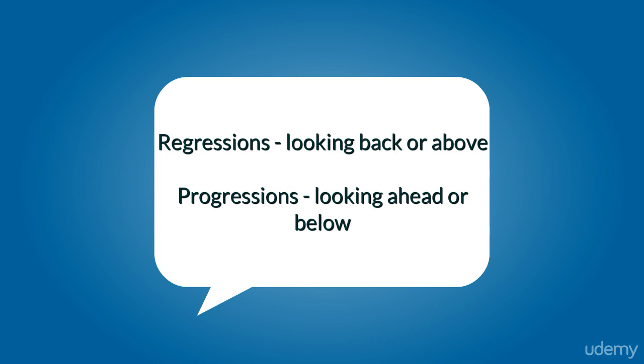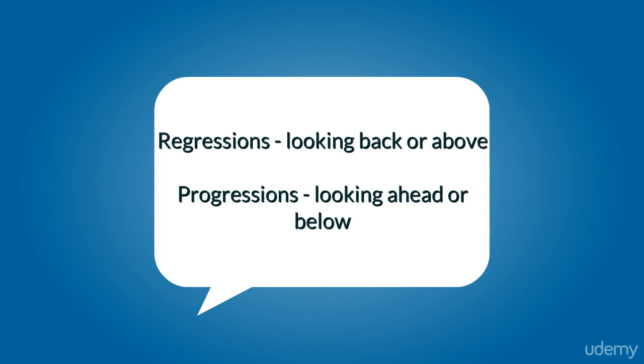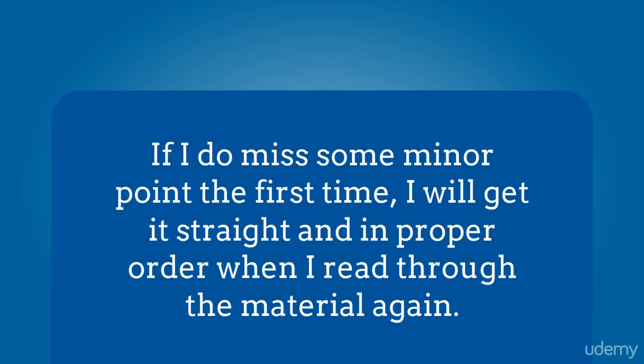Instead, I urge you to develop this attitude: if I do miss some minor point the first time, I will get it straight and in proper order when I read through the material again, knowing that the material is there and you can look back as many times as you want or can.